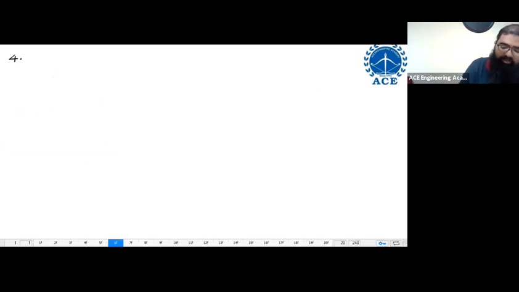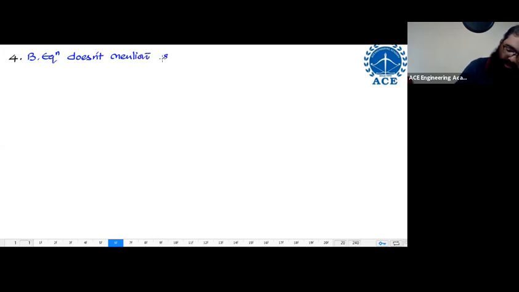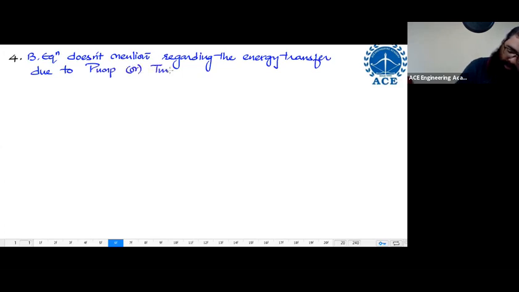So the problem right now we are having is that the Bernoulli equation doesn't mention anything regarding the energy transfer due to a pump or turbine.